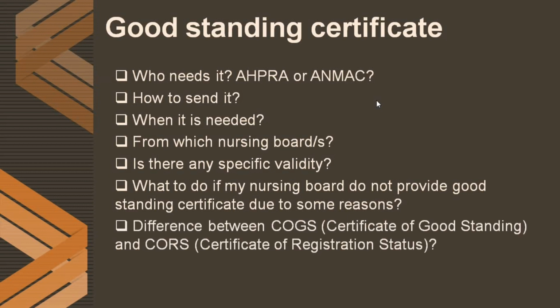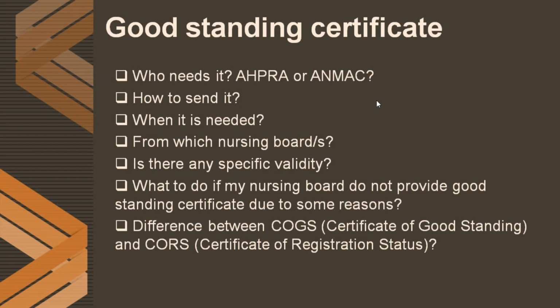What is the difference between COGS and CORS? A certificate of good standing states that you have no offense on your name under the particular nursing board, whereas a certificate of registration status says that you are registered as a nurse under that particular board. So that is the difference.